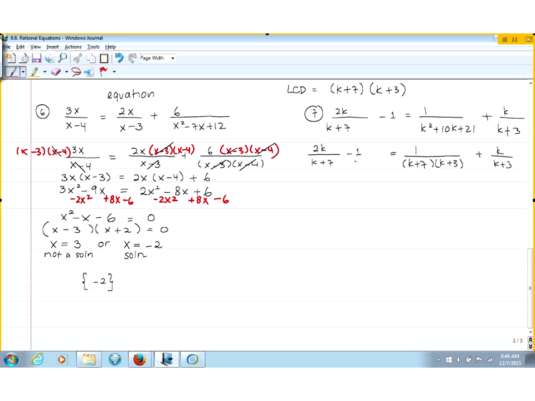So we will multiply both sides by the LCD, which is k plus 7, k plus 3. The negative 1 we also multiply by k plus 7, k plus 3. This one also, and the last part also.